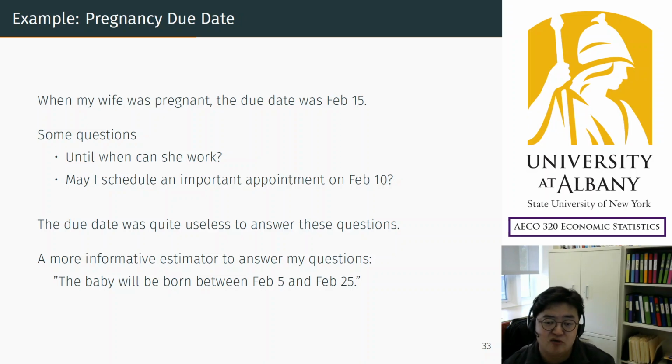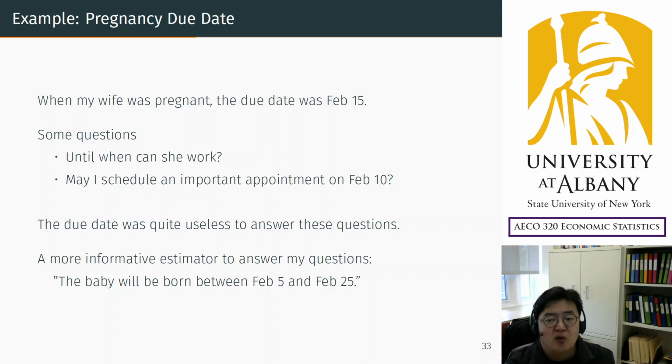A better way would be giving an interval, right? So the baby will arrive sometime between February 5th and February 25th. If you give me an interval, then I can extract more information.